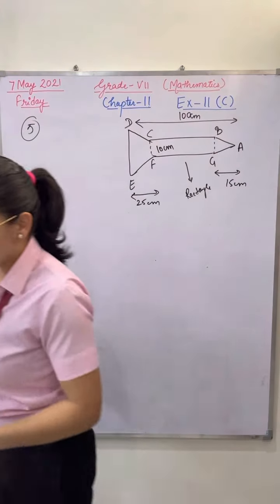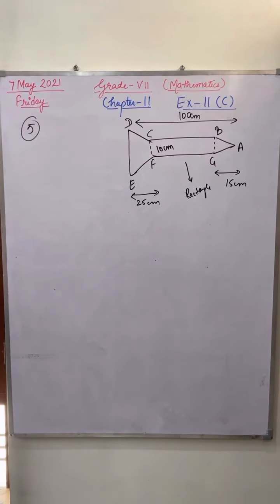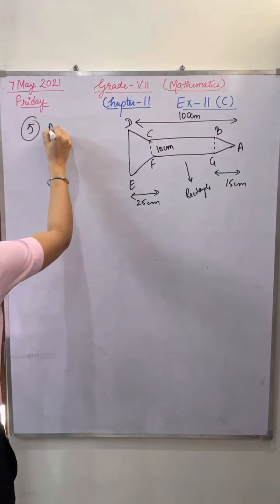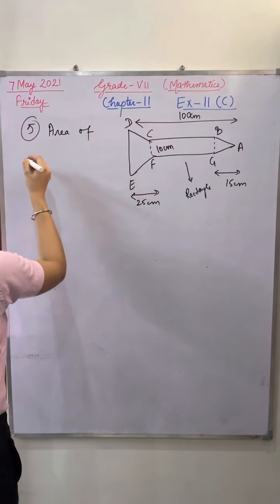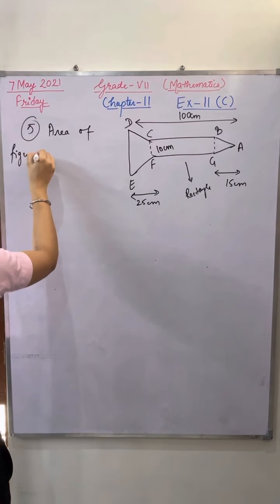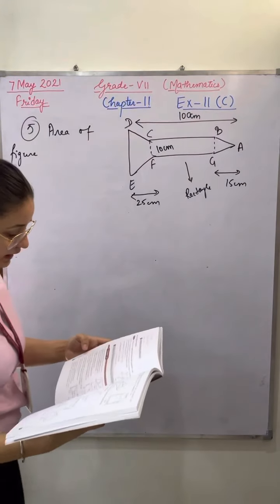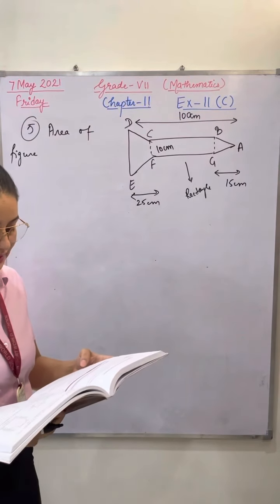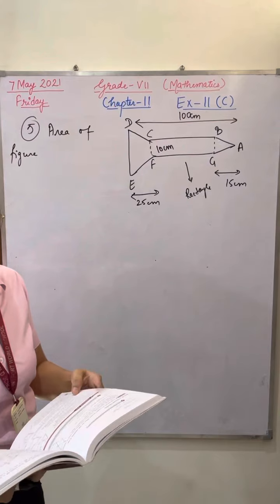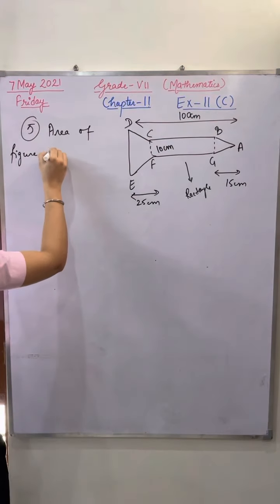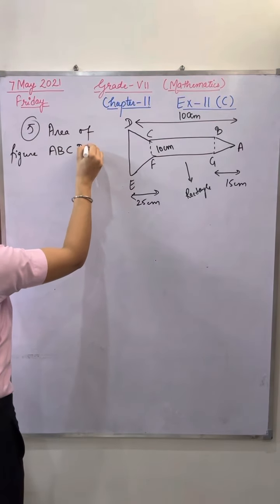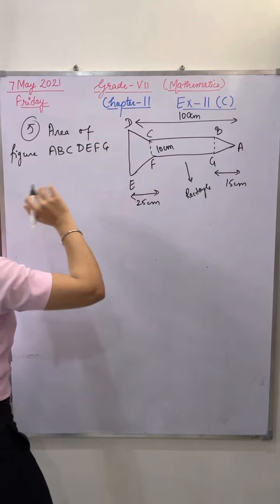Now first of all I'll take out the area of the figure. They have given in the book: find the area of the given figure, that is A, B, C, D, E, F, G. This complete shape.